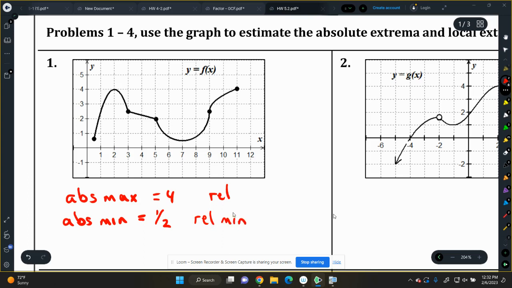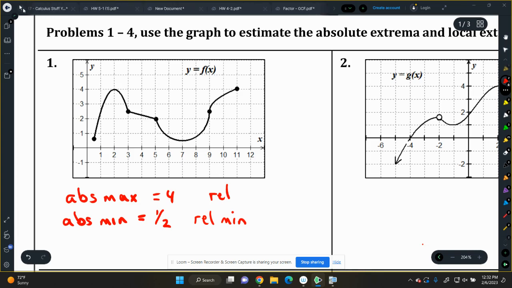Can you have a relative minimum that is also an absolute minimum? Yeah, but what they call it relative. Well, it's the biggest and the smallest in that spot, but it's also the biggest and the smallest overall.